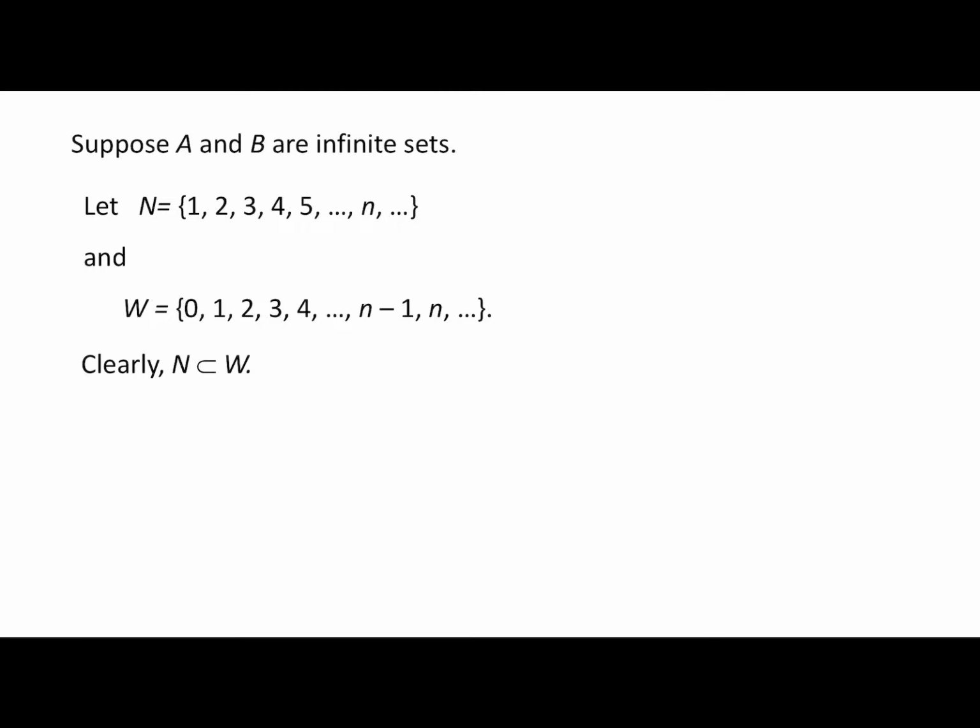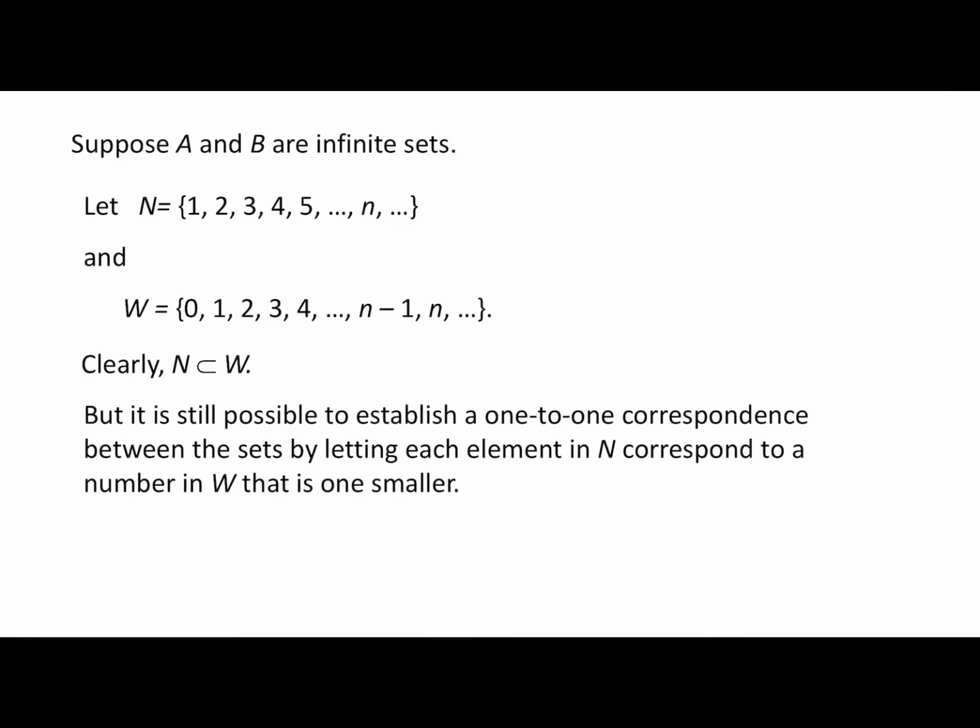Well, clearly N is a proper subset of W, right? It's not equal to W because it doesn't contain 0, but every other element of N is also an element of W. But we can still find a one-to-one correspondence between the sets by corresponding each element of N to the element of W that's 1 less than that number.